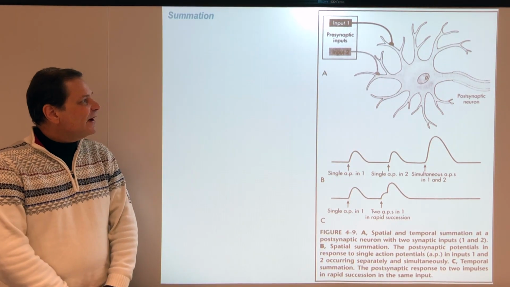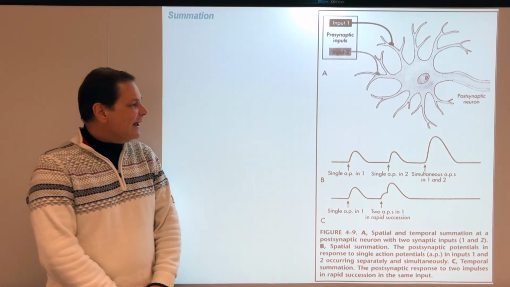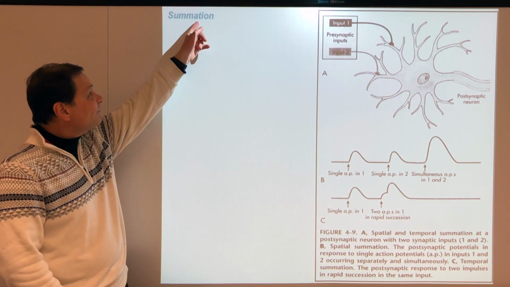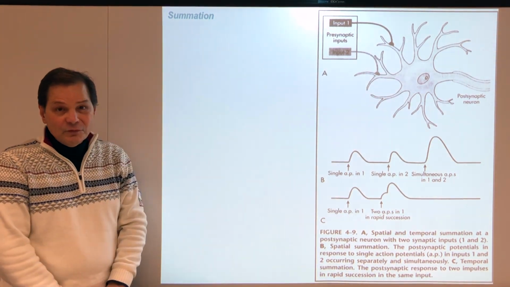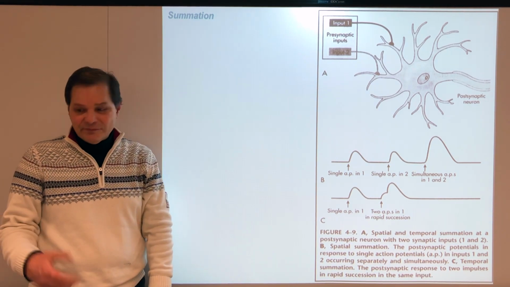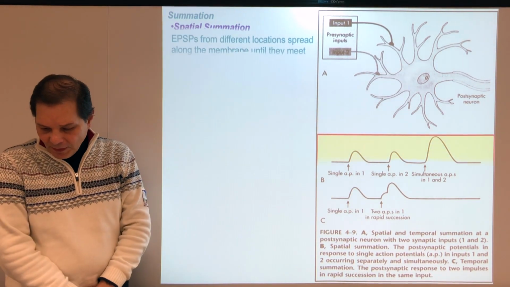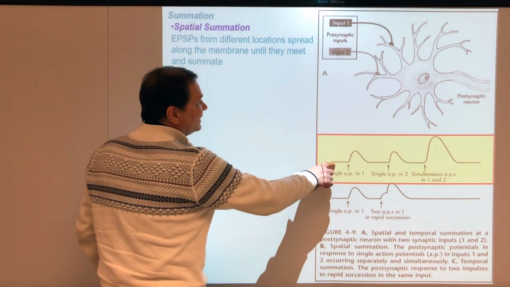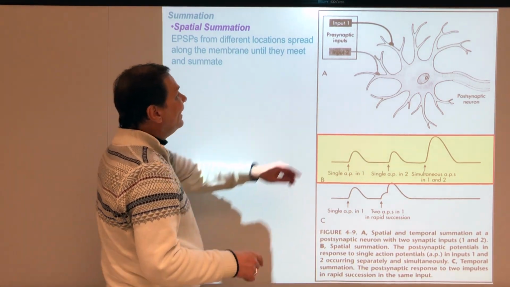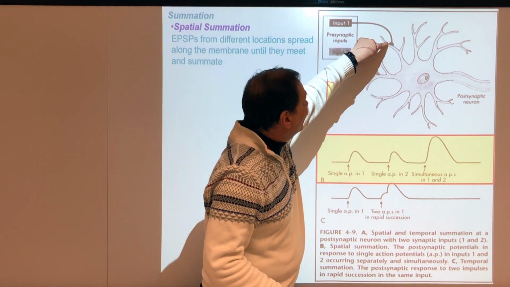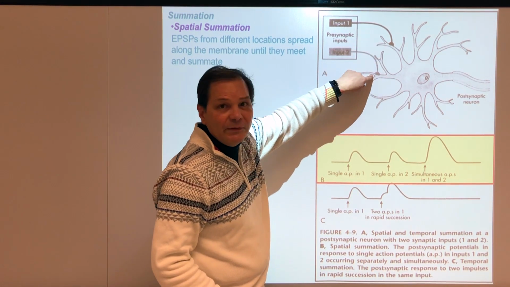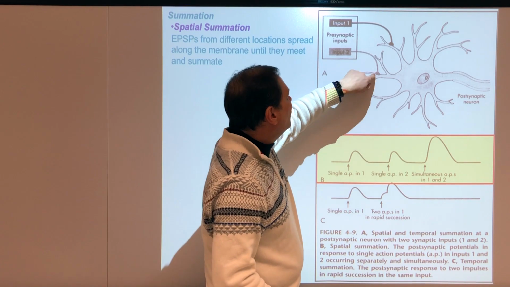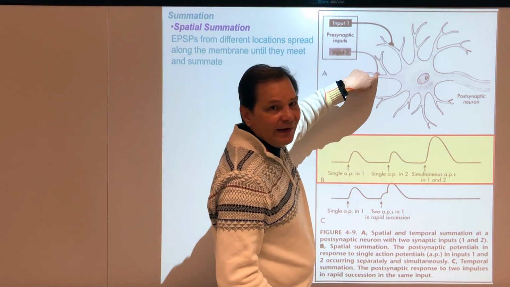How do these synapses work? Via summation. I told you earlier, your EPSPs have to summate. So there are two types of summation. First, you have spatial summation. So if I have synapse 1 here and synapse 2 here, each one fires an EPSP.